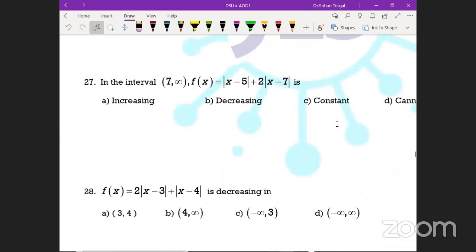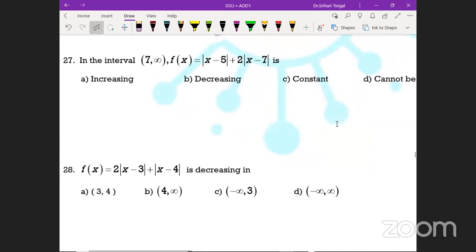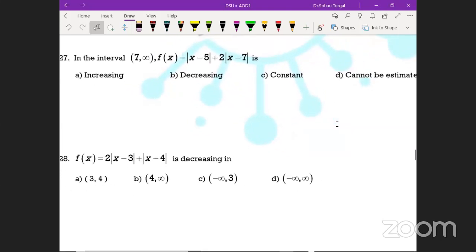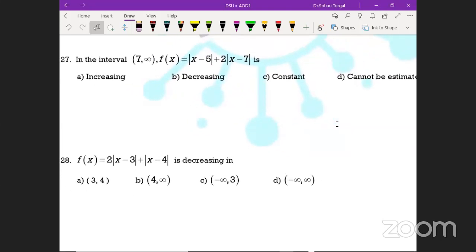Now, question number 27. In the interval 7 to infinity, f of x is equal to mod x minus 5 plus 2 times mod x minus 7. Now we have to calculate in the interval 7 to infinity whether it is increasing, decreasing, constant, or cannot be estimated. Let's see which one comes.